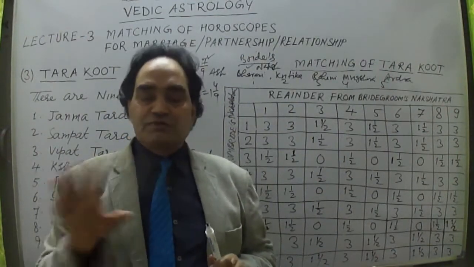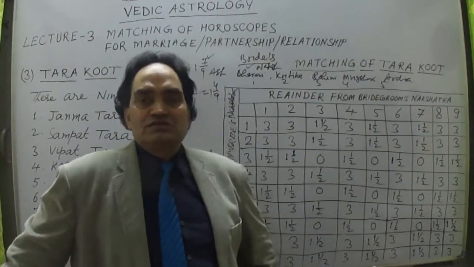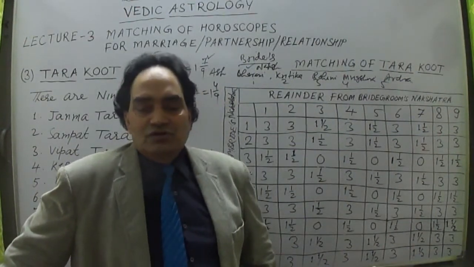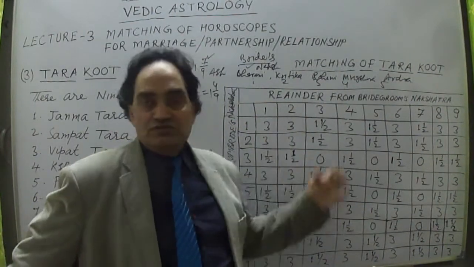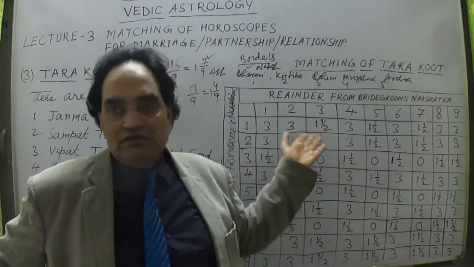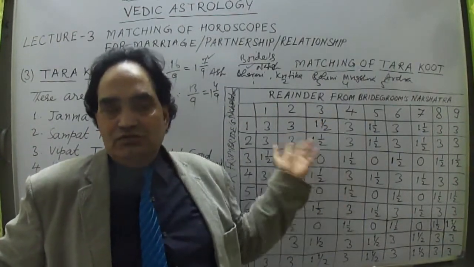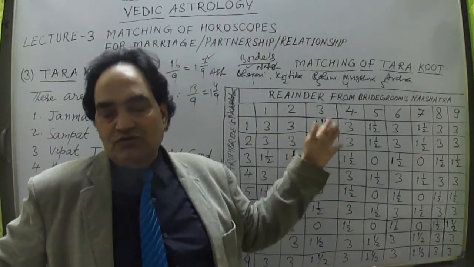You will be surprised at how scientific this calculation is. Based on these tables, it is 100% true, because whether it is positive or negative, out of this table you cannot have any other counting. The counting can be 0, 1.5 or 3.